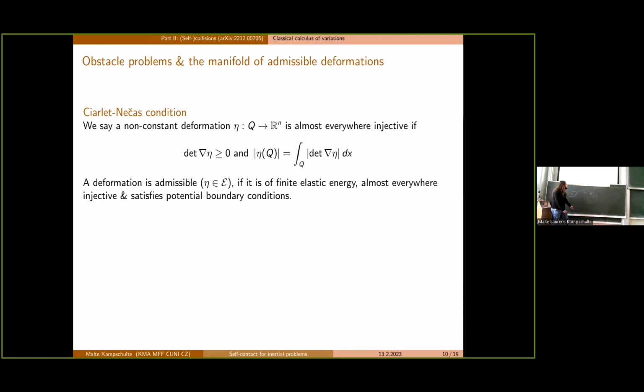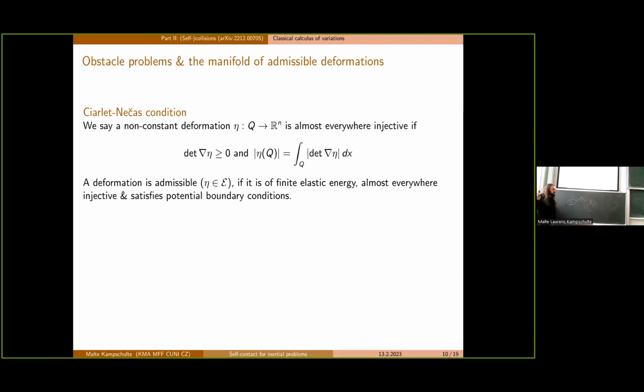So if you say this should be equal, then this thing is not allowed. So you can have contact, but it cannot go further. And so this is the main admissibility condition I wanted to think about.